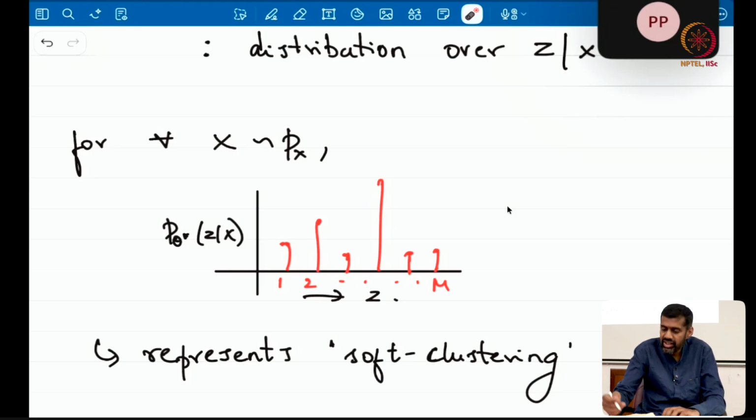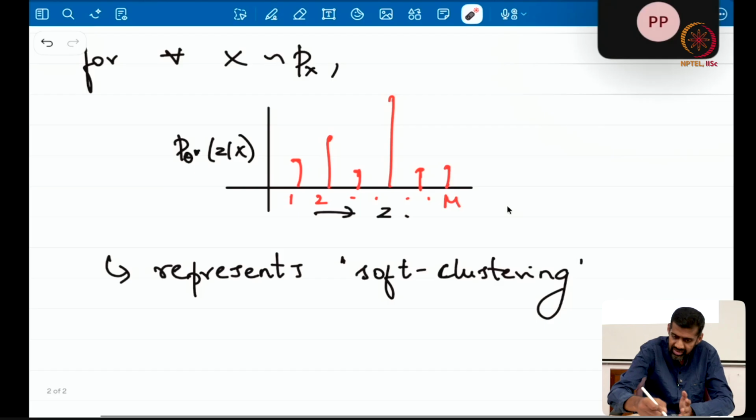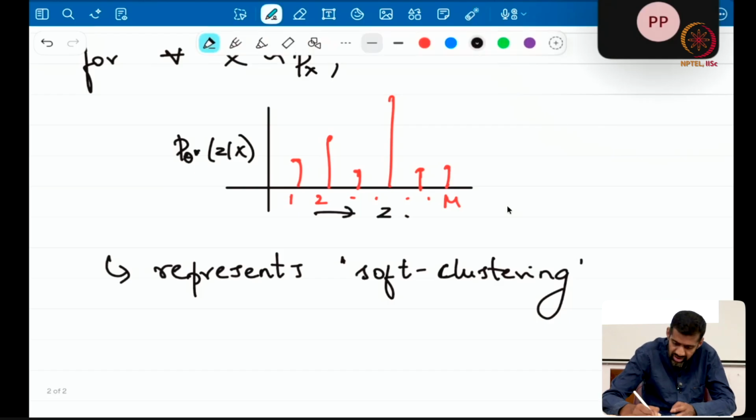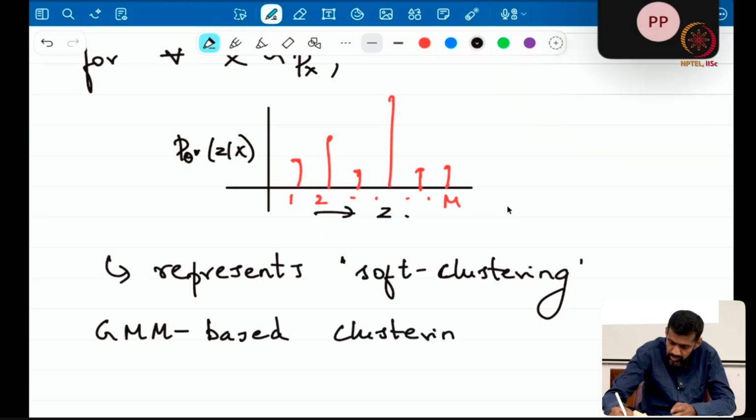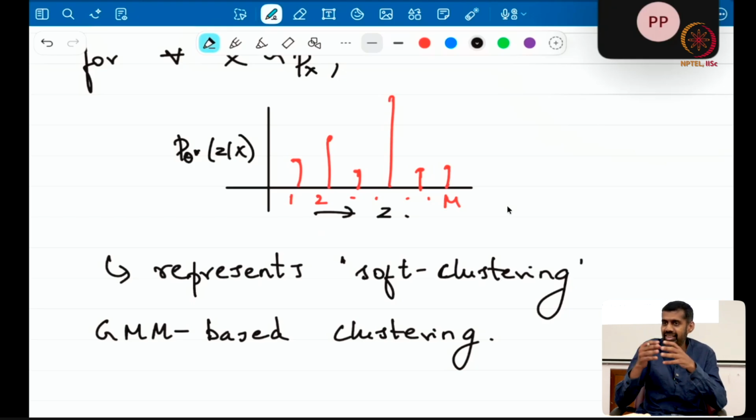So, this is called GMM clustering. This entire thing that we just saw is called GMM based clustering. Now, if you look at this entire thing as a black box, given a data set, for every data point you give a vector of dimension M, which is P theta star of z given x.